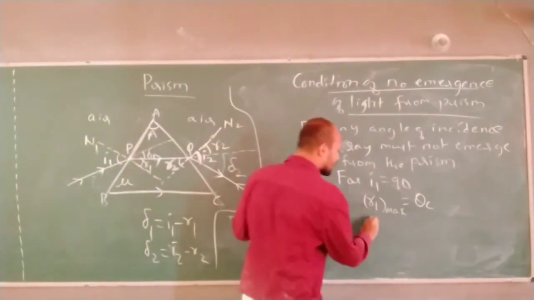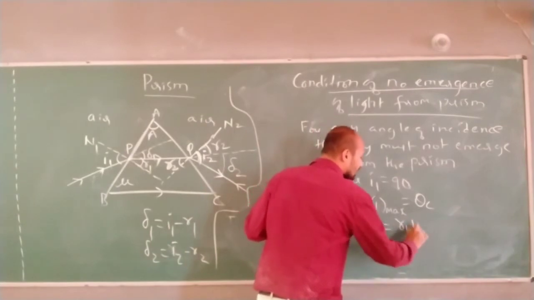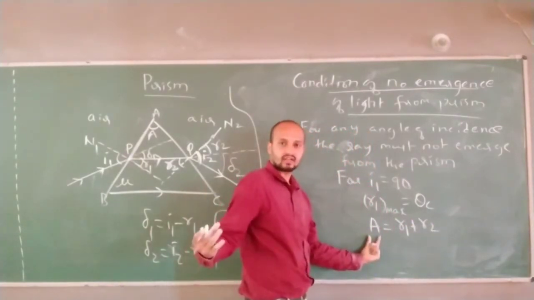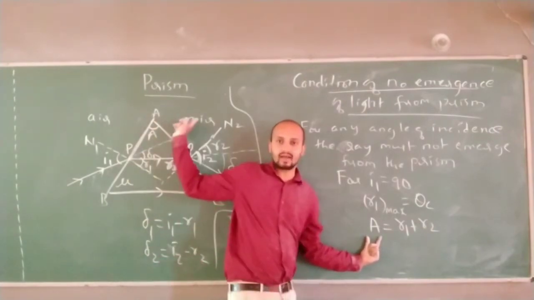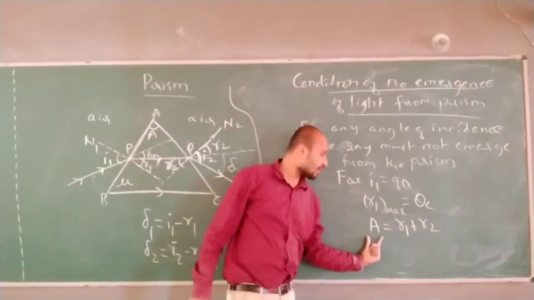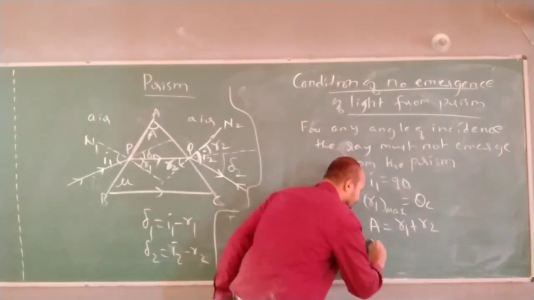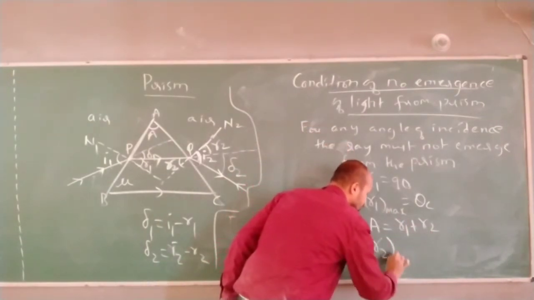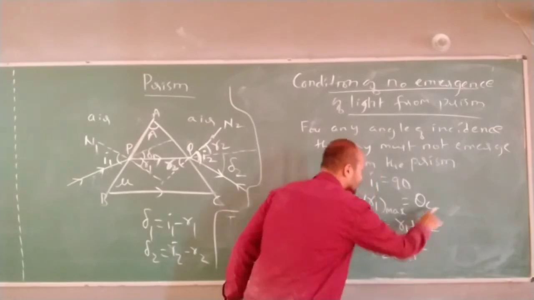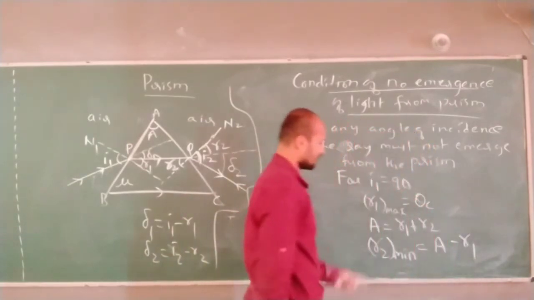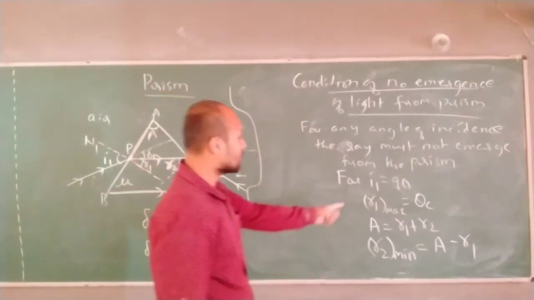When R1 becomes maximum, A is equal to R1 plus R2. A is the angle of the prism, which is a constant and remains the same. So when R1 becomes maximum, R2 will become minimum. R2 minimum will be equal to A minus R1.